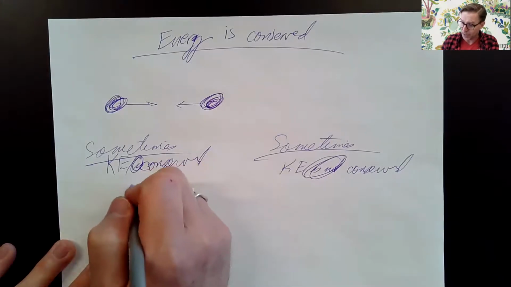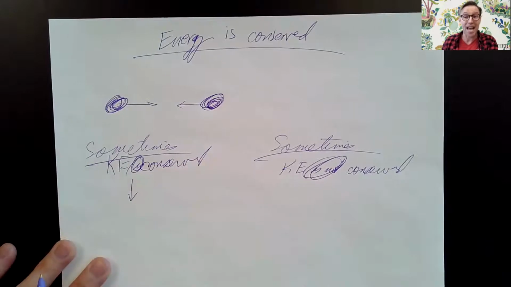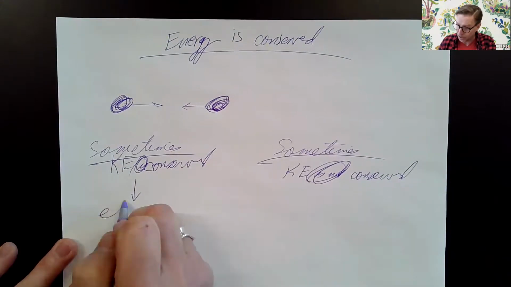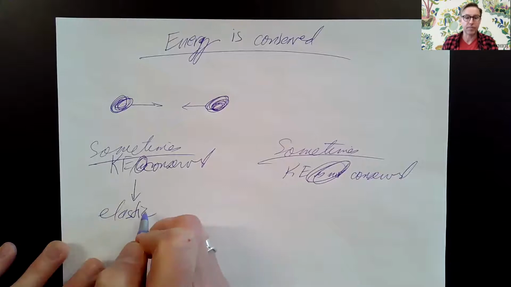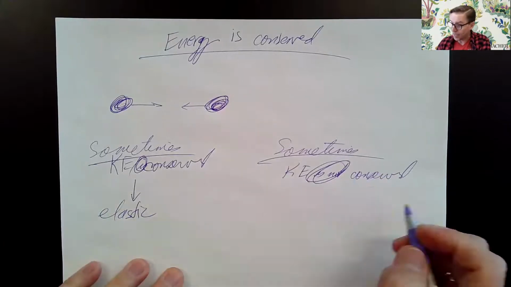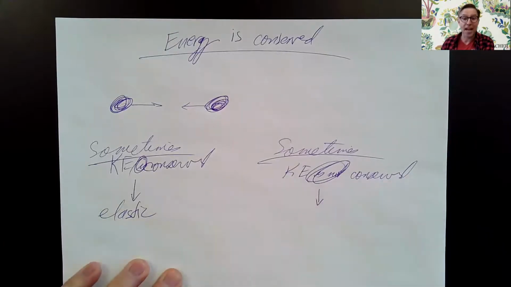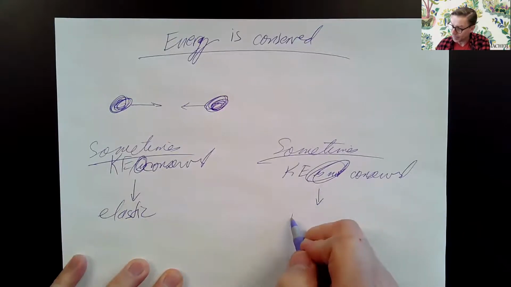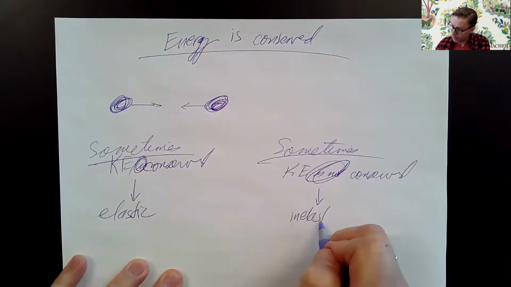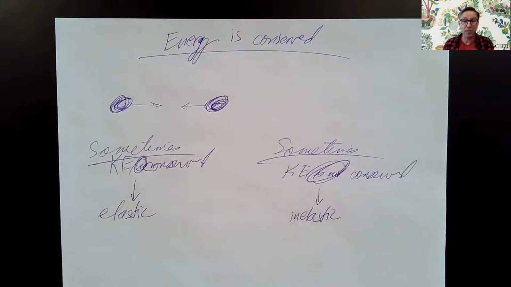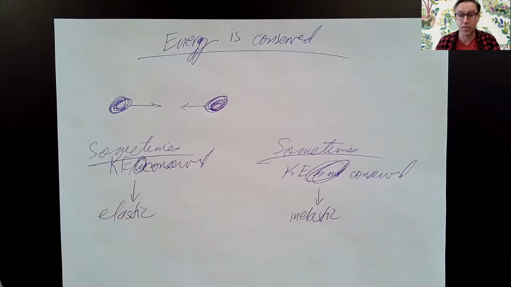If the kinetic energy is conserved, we have an adjective for that. That's called elastic. If the kinetic energy is not conserved, we have an adjective for that, inelastic. No big deal, we just have an adjective that describes that situation.